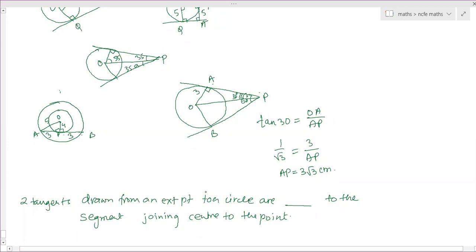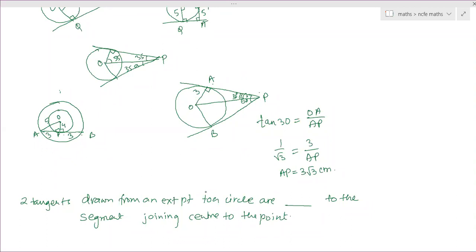The center and that point is OP. Are equally inclined to the segment joining the center to the point.